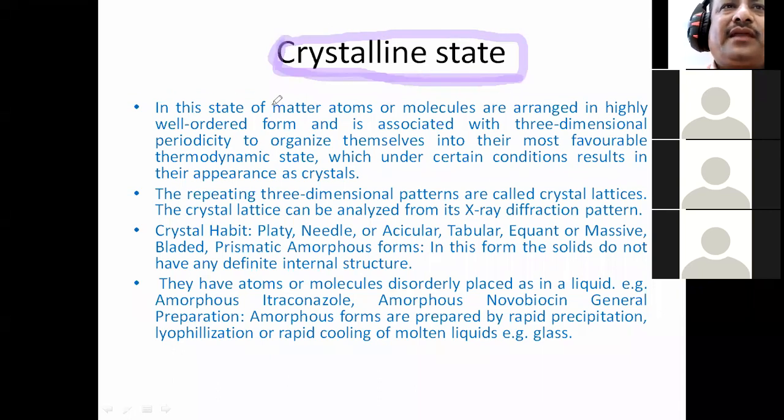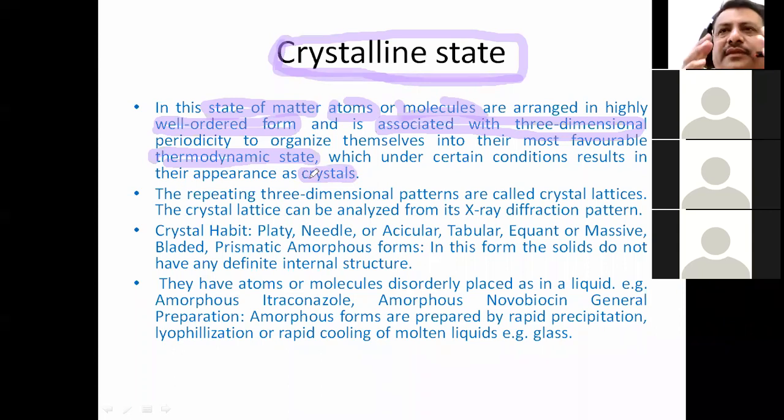Now in this state of matter, the crystalline state, atoms or molecules are arranged in a highly well ordered form, in association with three-dimensional periodicity, to organize themselves into their most favorable thermodynamic state, which under certain conditions results in the appearance of crystals. Hence the name crystalline state.